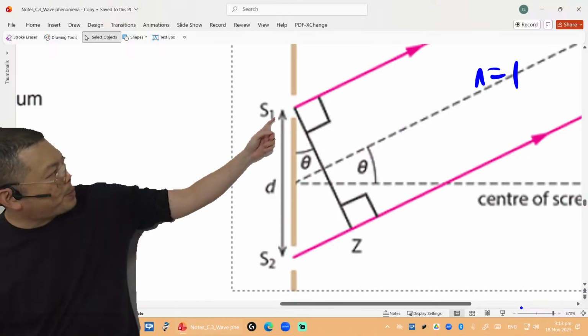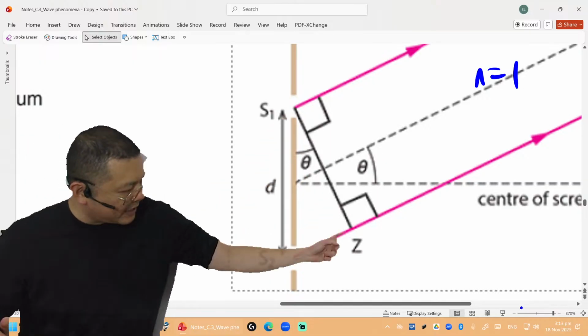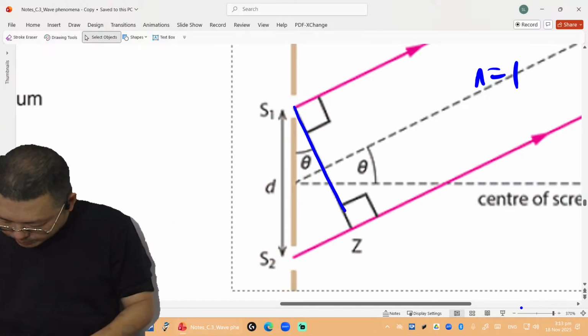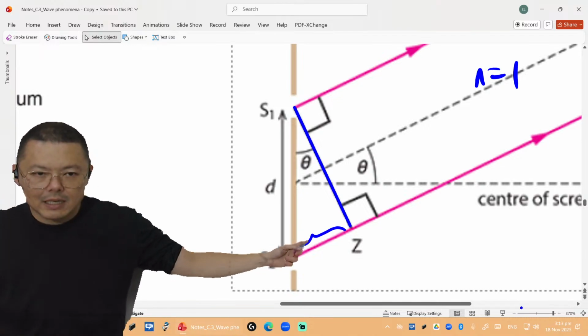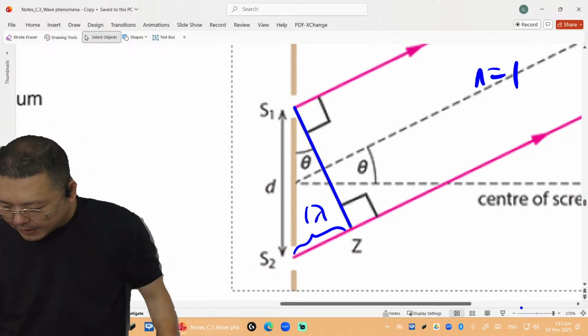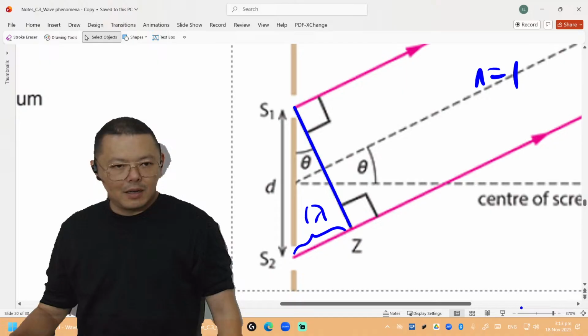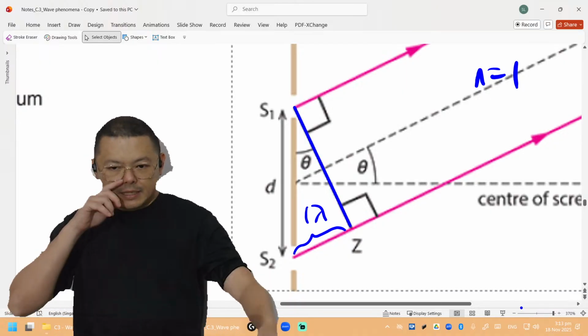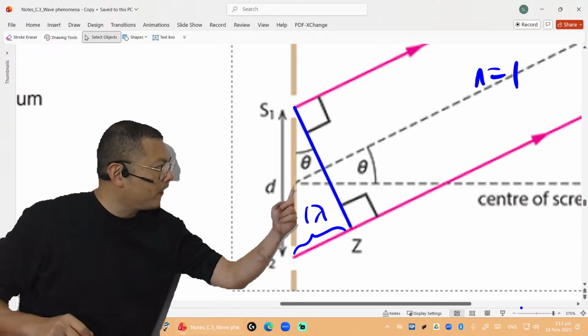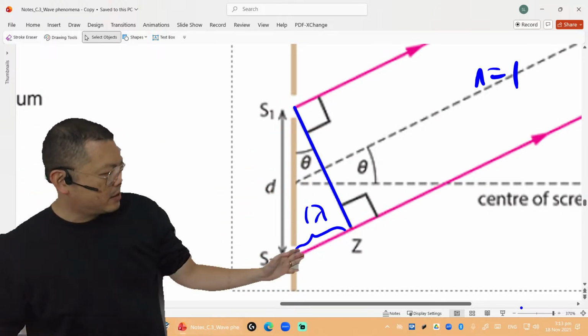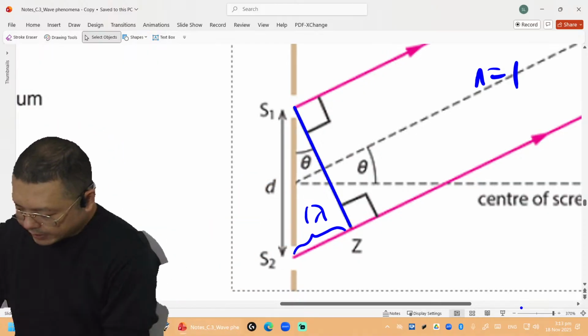And then what you do is you drop a perpendicular from one source to the light from the other. What's this here then? Yeah, one wavelength apart. Did you label this already from the last time? Yeah, you did. So that's one wavelength apart. That's how we derive the double slit equation as well. So that's n equals 1.